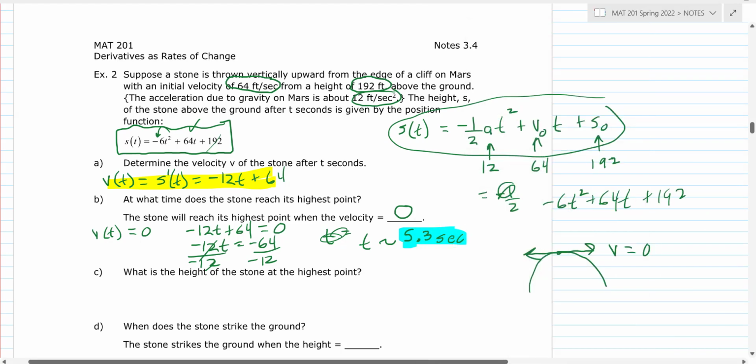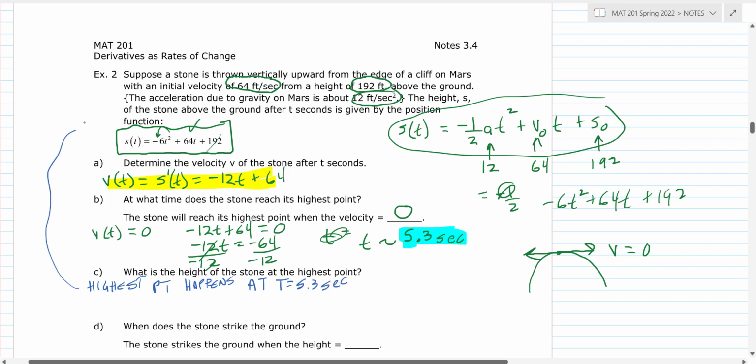All right. Next thing it says, what is the height of the stone at the highest point? Well, we just figured out when the highest point happens. The highest point happens at t equals 5.3 seconds.